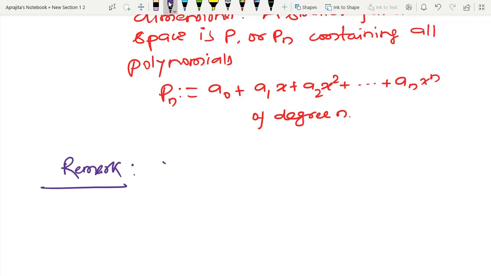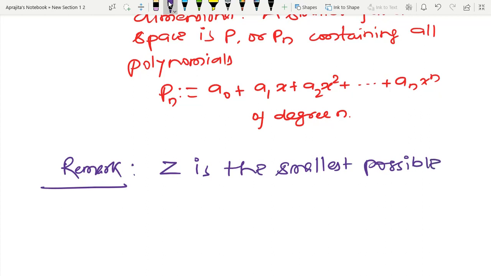So basically Z is the smallest possible vector space, and I am going to denote that vector space by R power 0.